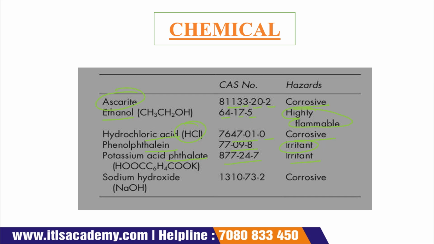And the last chemical is sodium hydroxide, that is NaOH, CAS number 1310-73-2, which is corrosive in nature. So these are the chemicals and the hazards related to them. Hazard means that when we use these chemicals, we have to take care because of these hazards.